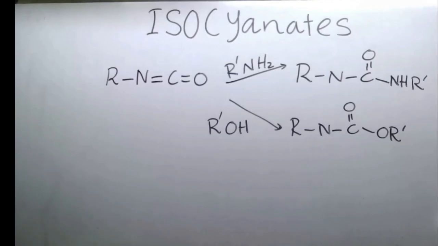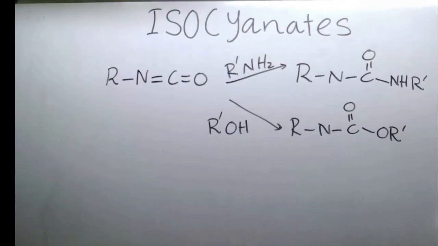Now we will look at what the reactions of isocyanate are. Mainly we can see isocyanate easily reacts with amines and alcohols. That means they are both nucleophiles. With amines, they undergo very easy reactions, even at 0 degrees Celsius. But with alcohol, we have to use somewhat higher temperature, something like 50 to 60 degrees.